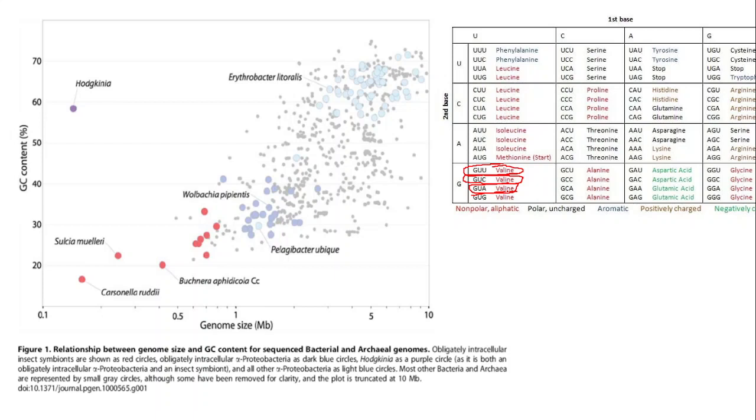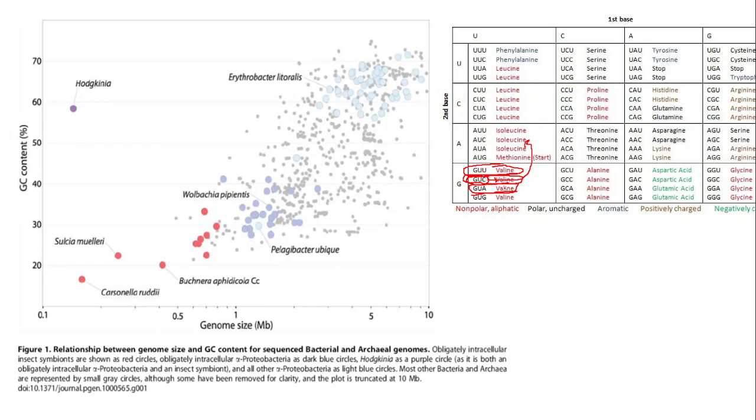What happens if you have a mutation to the enzyme called aminoacyl synthetase? And what happens if you have a mutation to that enzyme and it changes the structure of that enzyme such that GUC no longer pairs very well with valine, but maybe it matches up with, let's say, isoleucine?